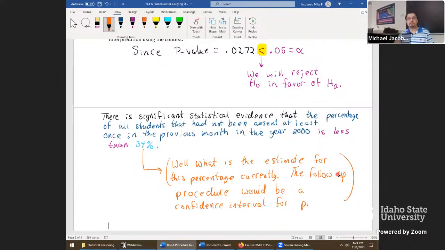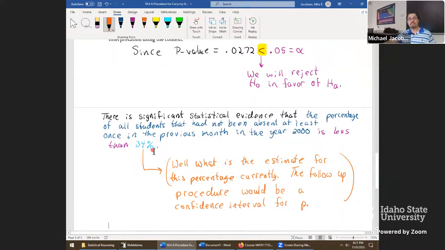Unfortunately, we can't ask those kinds of questions in class because then the problem becomes just majorly really, really long. But it's important to know that hypothesis testing and confidence interval procedures, they don't exist in isolation. They go hand in hand. And for these kinds of conclusions, if you did a hypothesis test, you are almost certainly doing a confidence interval afterwards to estimate the value of P after the fact.